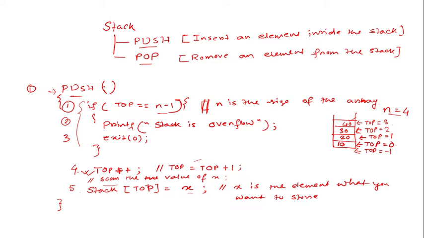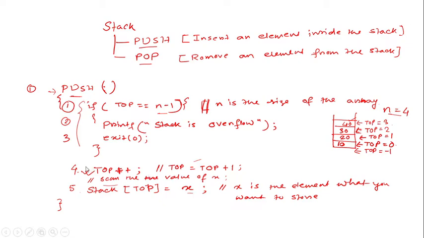Then it will work. Whenever you want to represent it as an algorithm, just put down 1, 2, 3, 4 in this way, but all the things are the same.